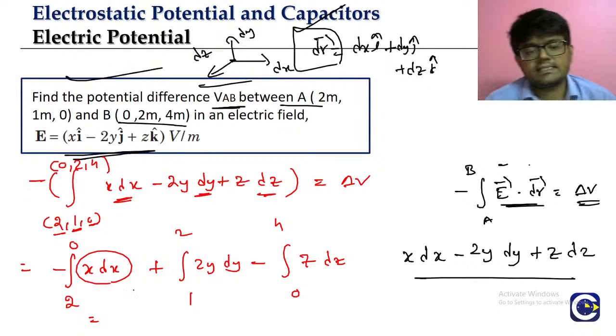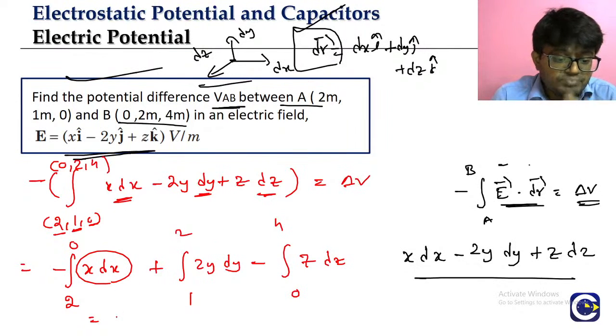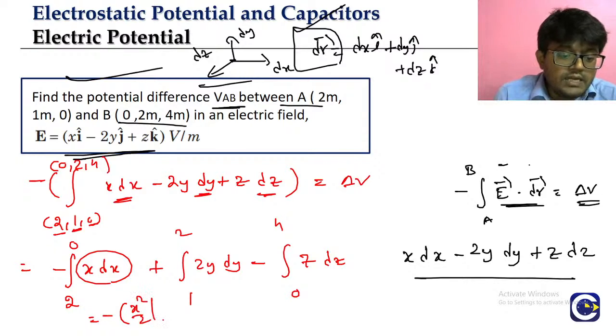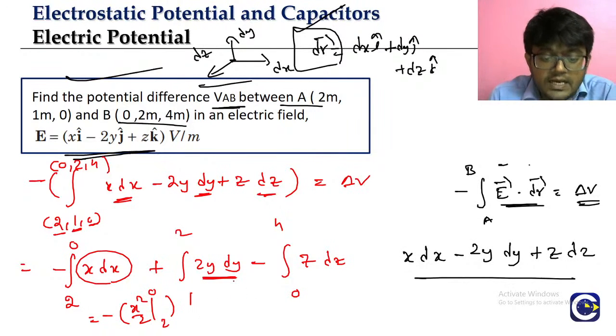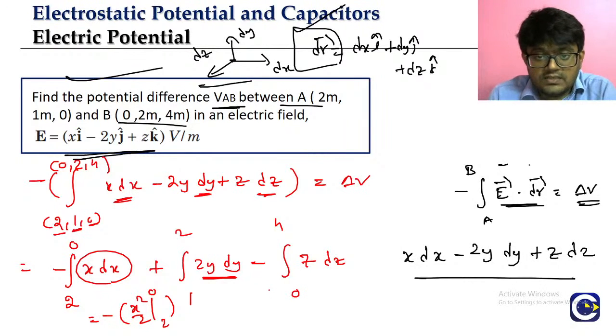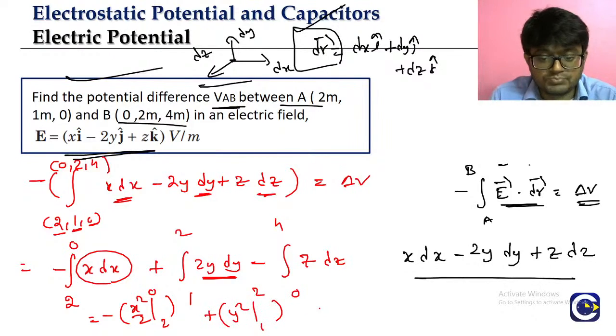x dx: the integral of x dx is x square by 2, right? Which means minus stays outside, x square by 2, with limits initial 2, final 0. Then 2y dy: when we integrate, we get y square, with limits 1 to 2.